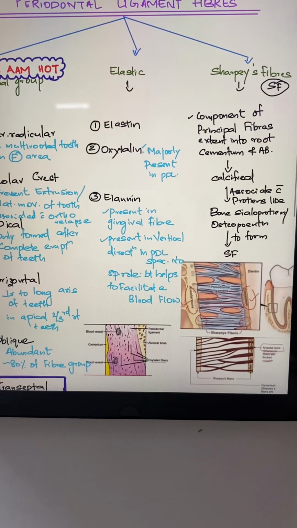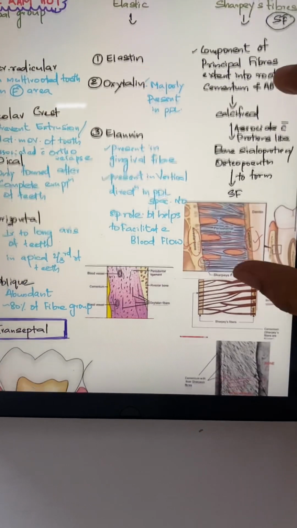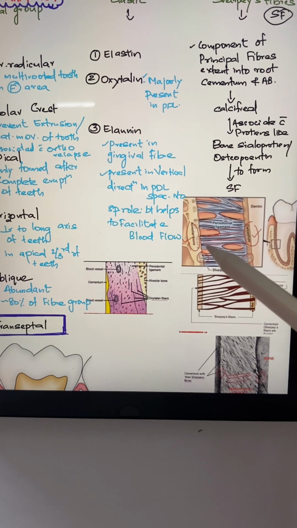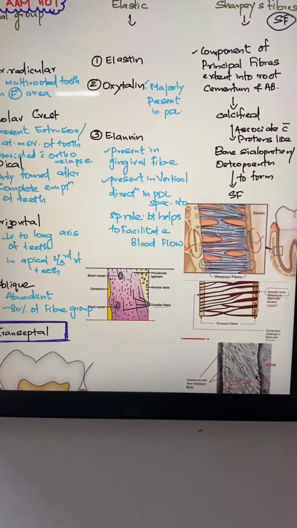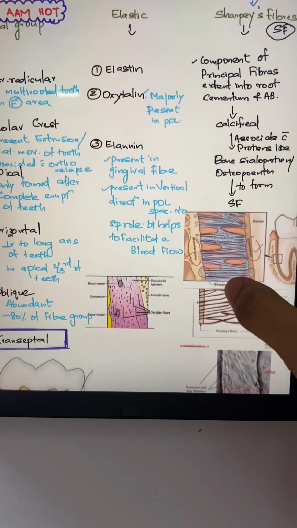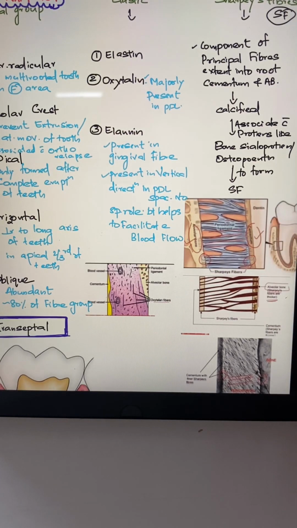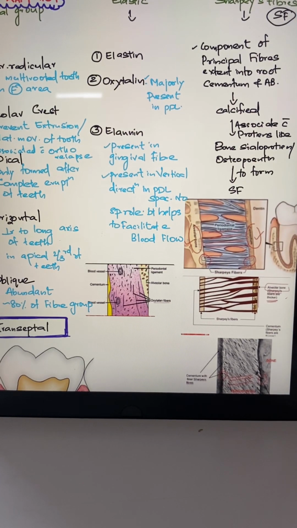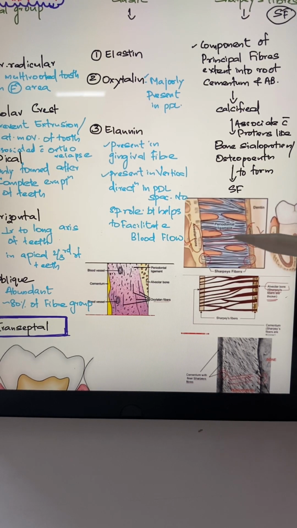And next is Sharpey's fiber. You can see this picture. This is a Sharpey's fiber. You see, here these are the Sharpey's fibers. They are the component of principal fibers that extend into the root cementum and the alveolar bone. If this is the cementum and this is the alveolar bone, they extend into both.